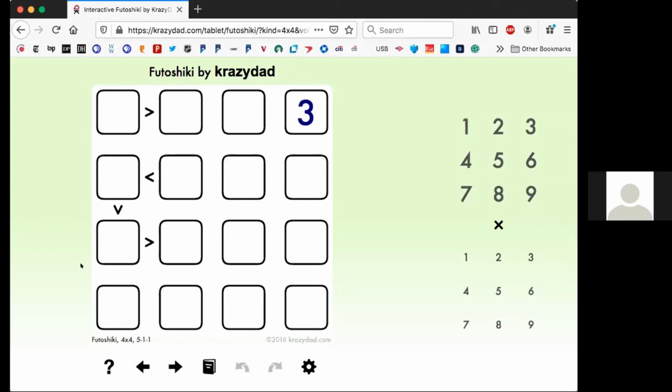Down in the bottom left-hand corner. Is that the only place the 1 can go? In that row or in that column. Okay, nice. One's got to go here.